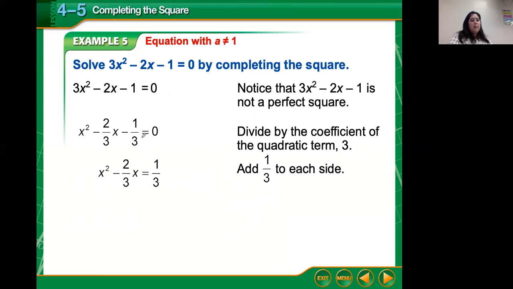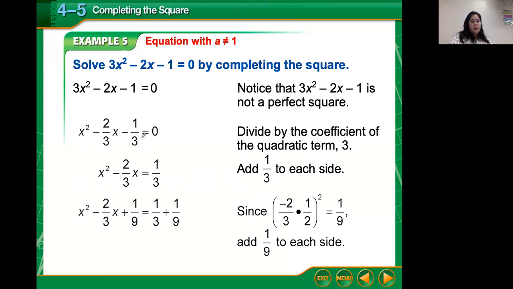We're going to move the 1/3 to the other side so that we have x squared minus 2/3 x equals 1/3. And then we're going to take half of negative 2/3 and square it. When we do that, we get 1/9. That's because negative 2 times 1 is negative 2, and 3 times 2 is 6.